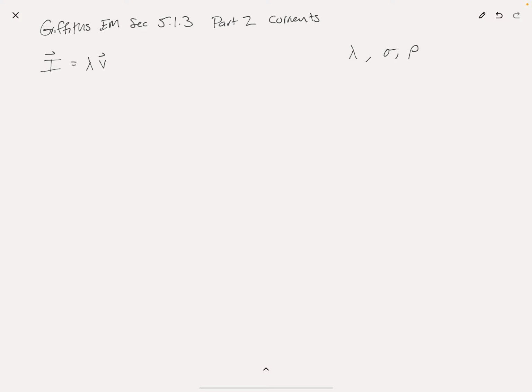So this is an example of current moving along a straight line. If I have a surface that carries a current, I can look at some sliver, some ribbon of that current.